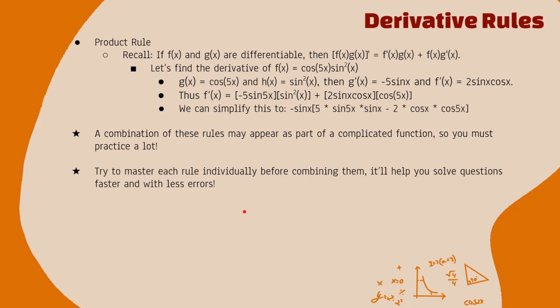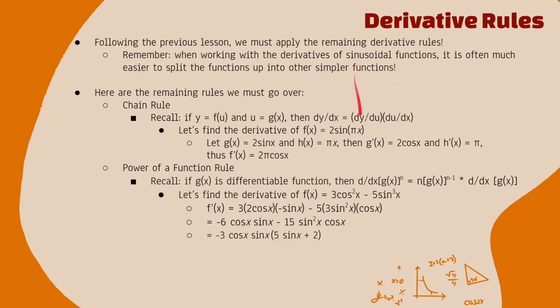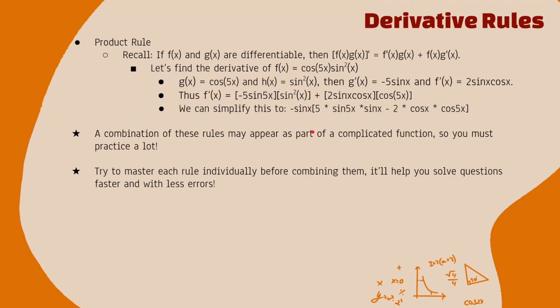So the product rule is a little bit tricky here, just because you could combine it as a term, right? Like, for example, if we had this substituted into this equation here, everything just got much more complicated. So we need to know how to deal with the simpler, quote-unquote, part first.